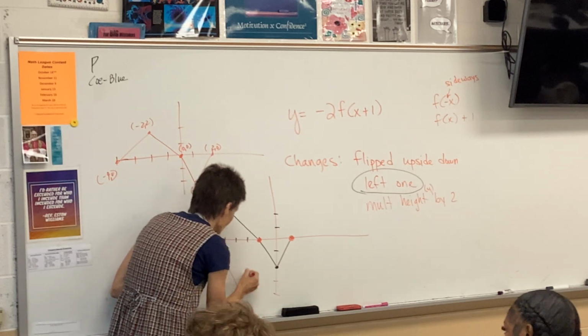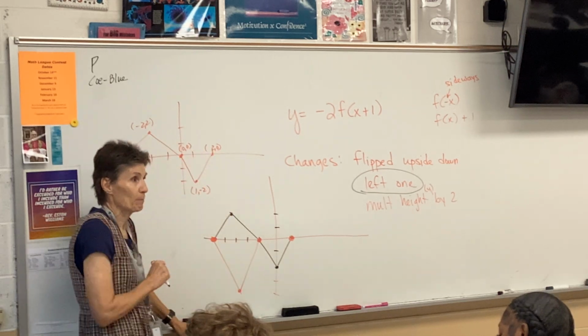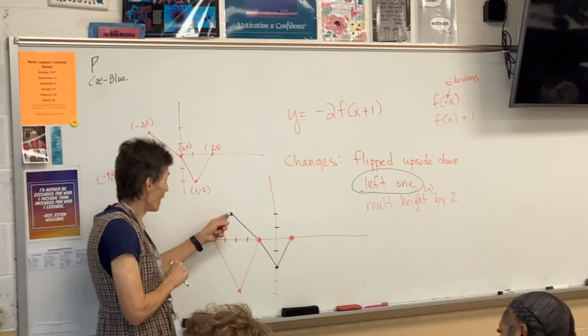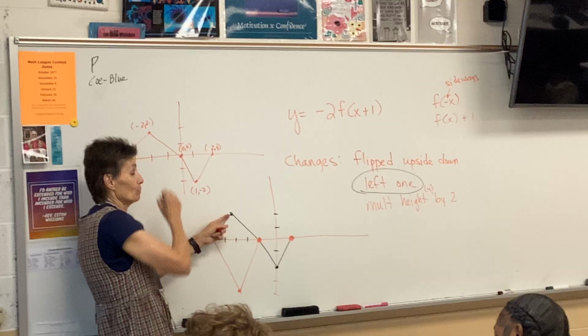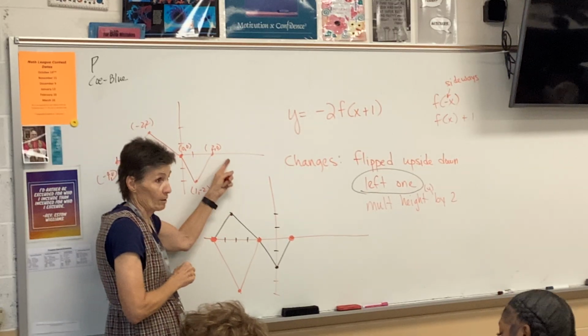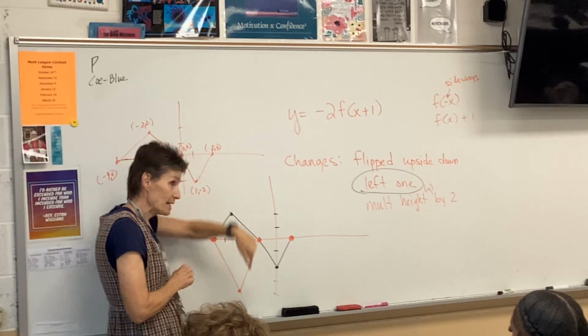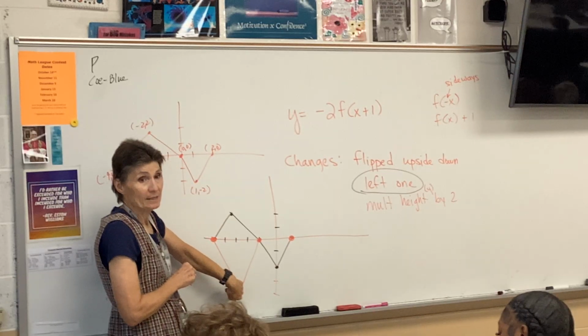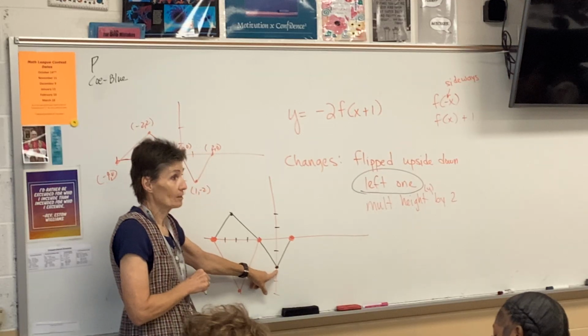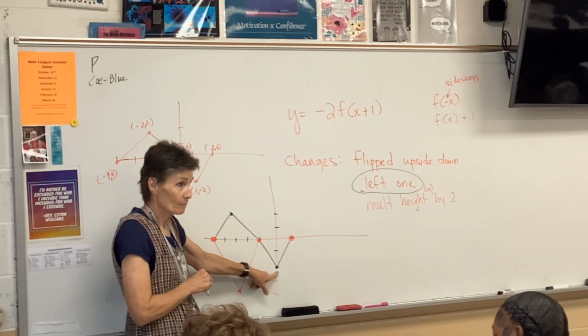Now, if that's too much to do at once, do it in 2 separate steps. My y value right here is 2. I have to double it, makes it 4. But I have to flip it upside down, which makes it -4. All right, this y value right here is -2.